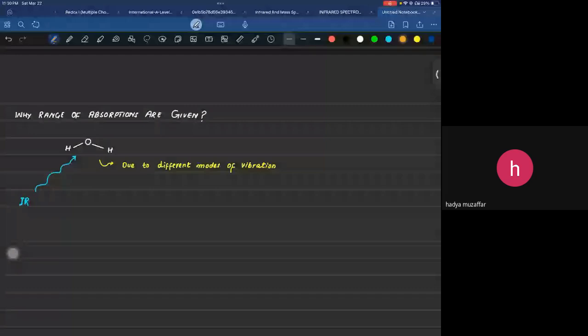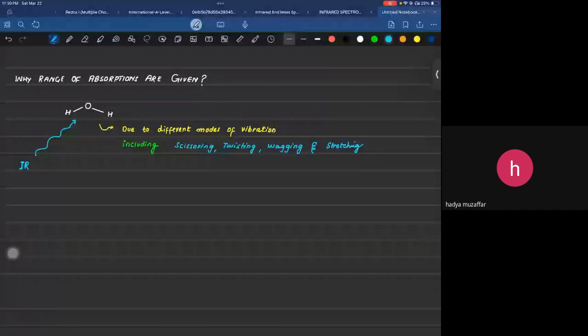Due to different modes of vibration, that's why the ranges are given.